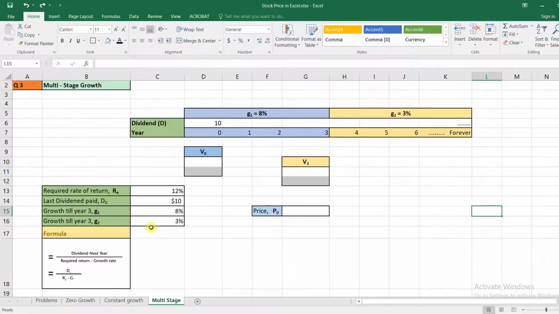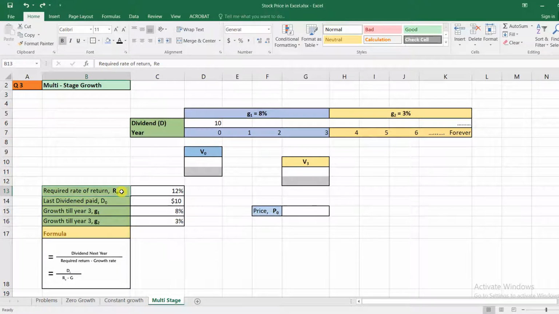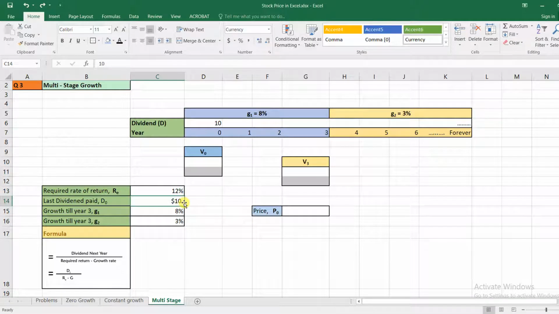Alright, now for the final one, we have two different rates of growth. For the first 3 years, our dividend will grow by 8%, and after that it will grow by 3%. So we have two growth rates, and the required return is 12%, and finally the last dividend paid was $10.